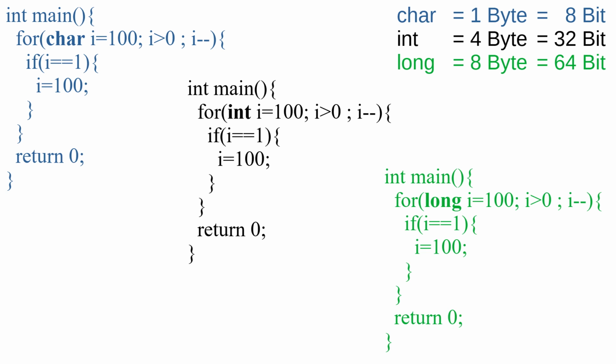A character is only 1 byte long, integer is 4 bytes long, and long is 8 bytes long on this operating system. The variables can therefore remember numbers of different sizes, but in this case the numbers are so small that they fit in all cases, and exactly the same thing happens.